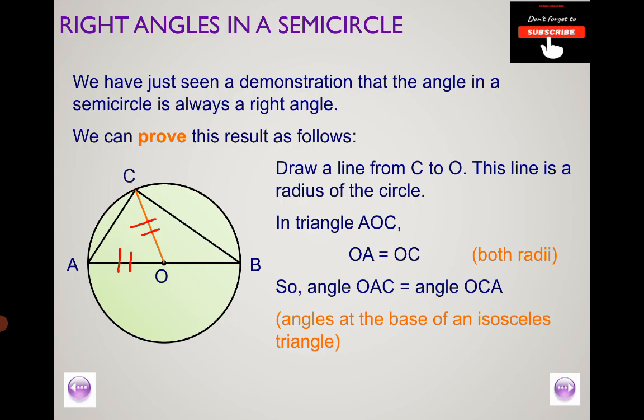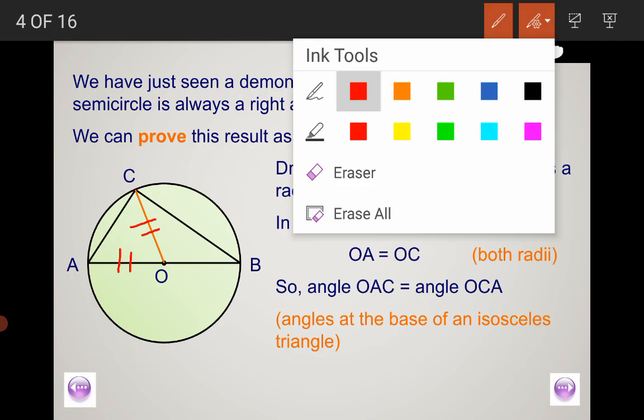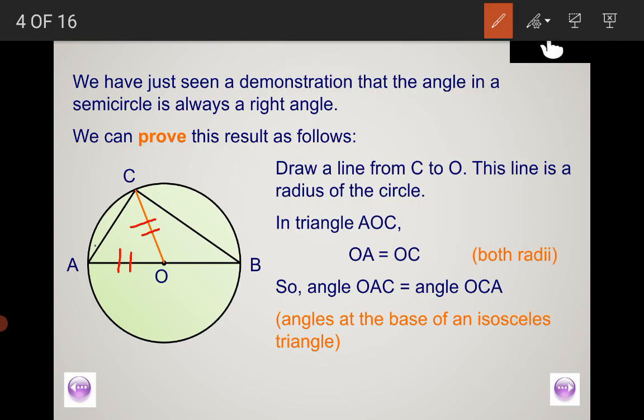And so because they are equal, OA is equal to OC. Then the angle OAC is equal to angle OCA. Which angles are we looking at here? We are basically looking at these two angles. This angle is equal to that.